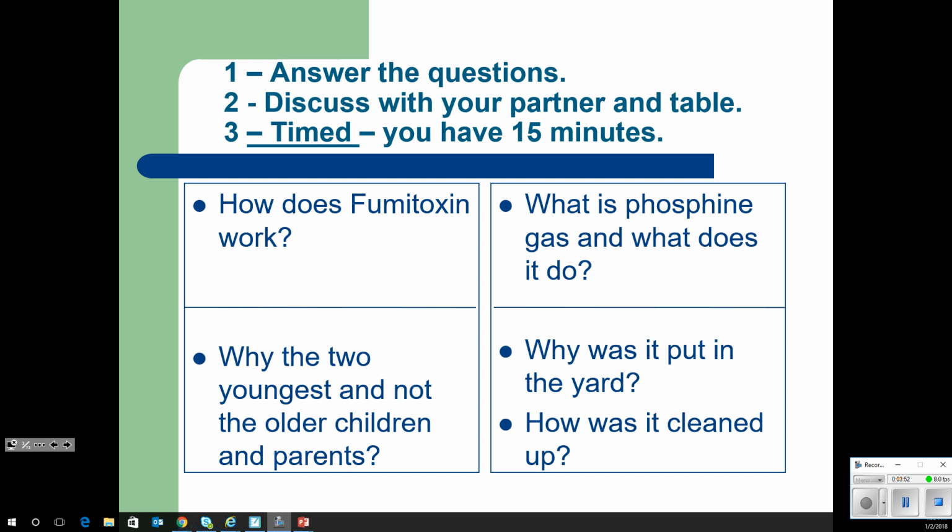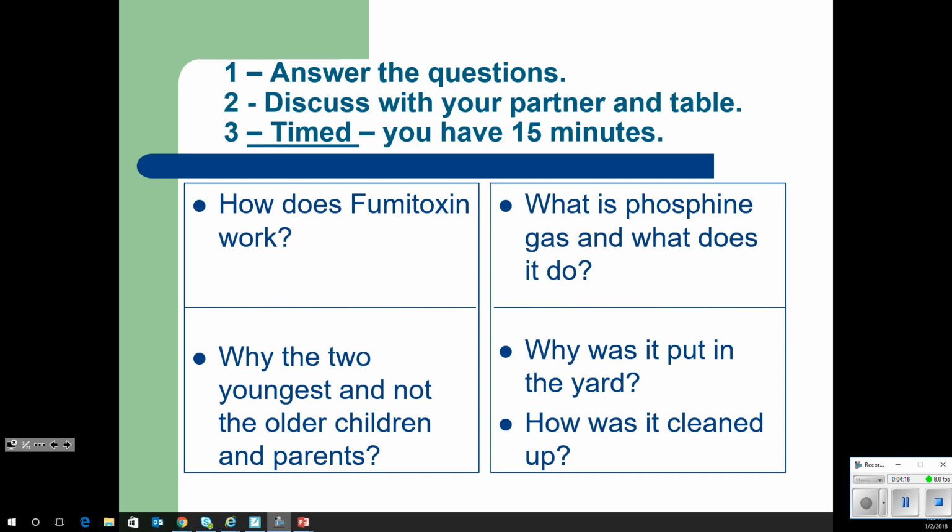So why the 2 youngest and not the older children? Why did they die and not the older children? Do we have any ideas? Yes? Children are more sensitive, okay. They're smaller, so actually because they're smaller, they were closer to the ground.